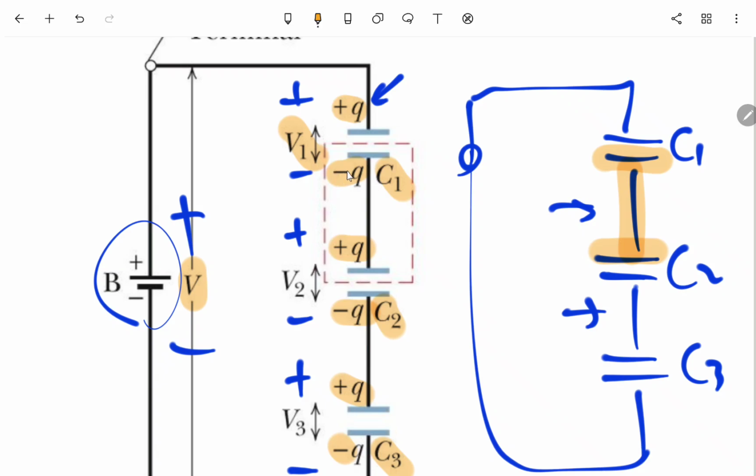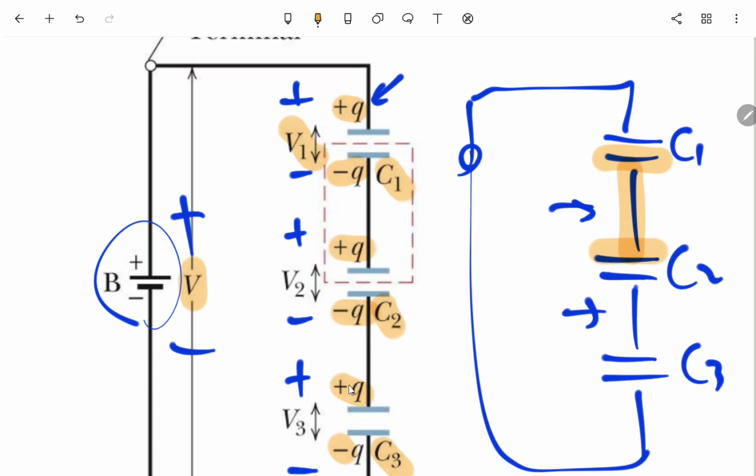So as much as we have negative Q here, we should have positive Q here, so that the total charge at this part will be 0. On and so forth. This is positive Q because this is a capacitor, this is negative Q, and for this part the total charge is 0.